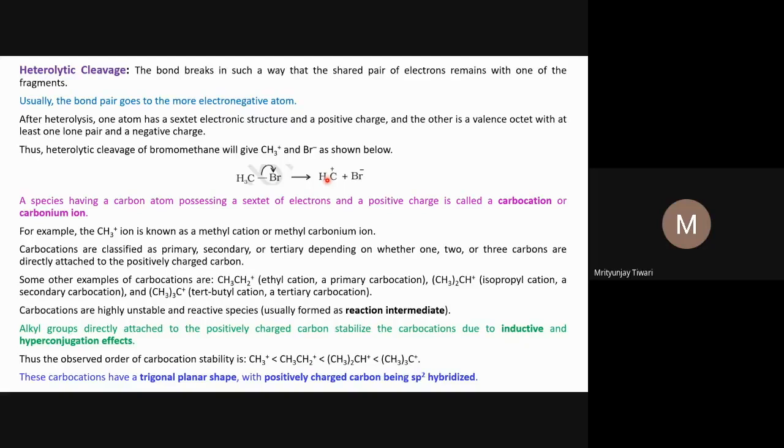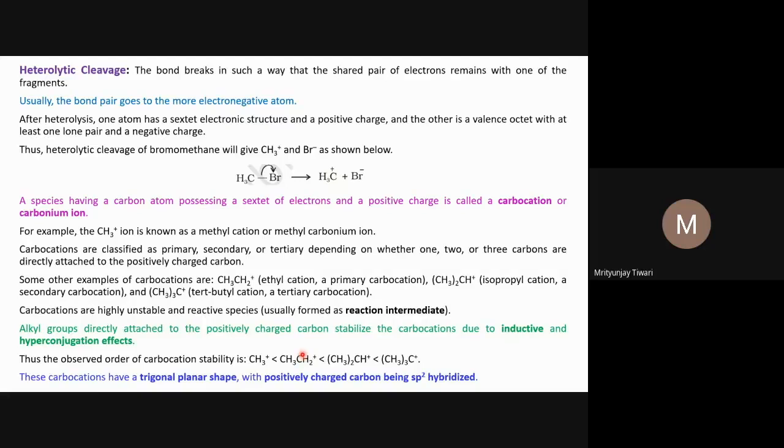And the trigonal planar shape can also be understood in the form of sp2 hybridization. So the carbon atoms in carbocations are sp2 hybridized. Not all the carbon atoms, but the carbon atom which contains the positive charge is sp2 hybridized. Like here in this case, the carbon atom of this methyl group is sp3 hybridized, but this carbon atom is sp2 hybridized because it contains a positive charge.